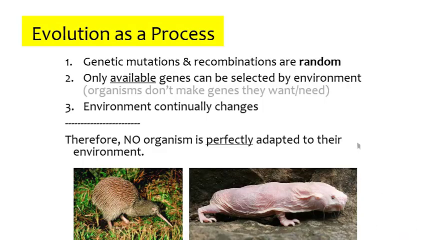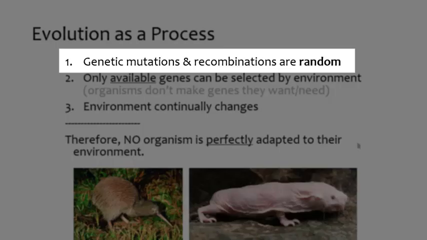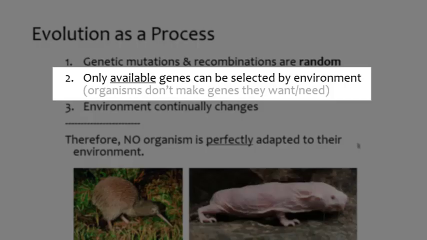Evolution is a process, no matter how much time has occurred. Mutations and genetic recombination occur mostly randomly. The selection process can only occur among the genes that are present in the population.